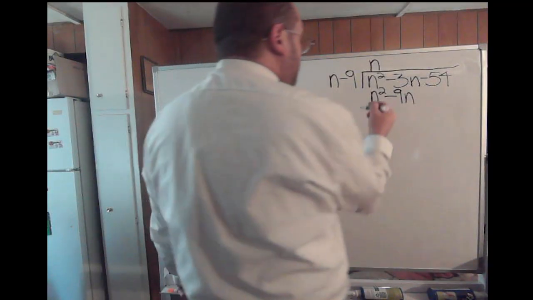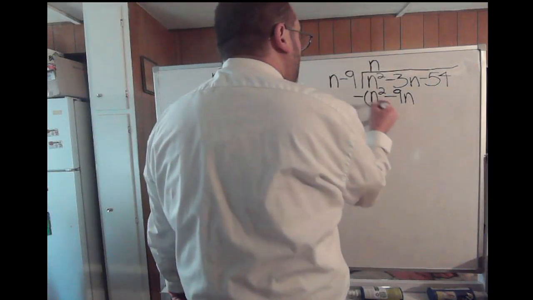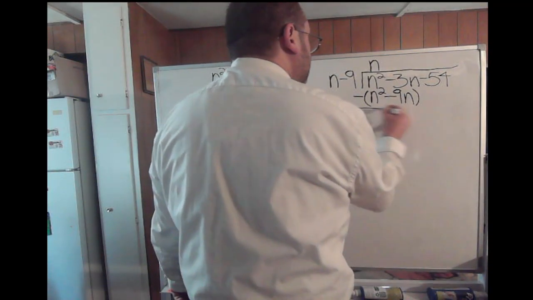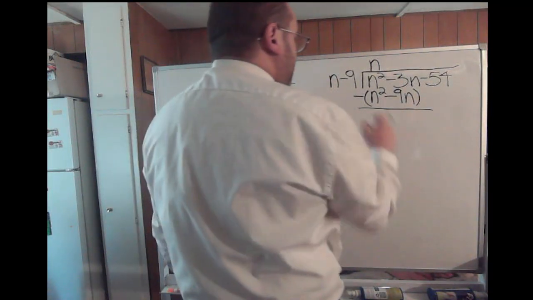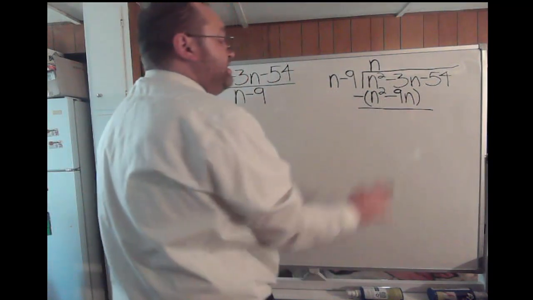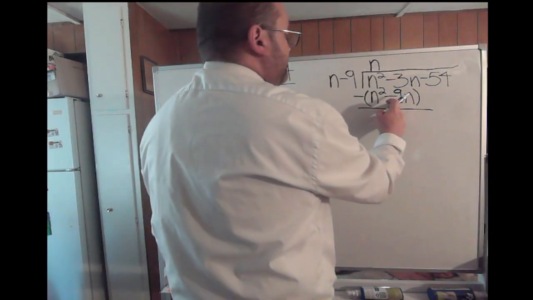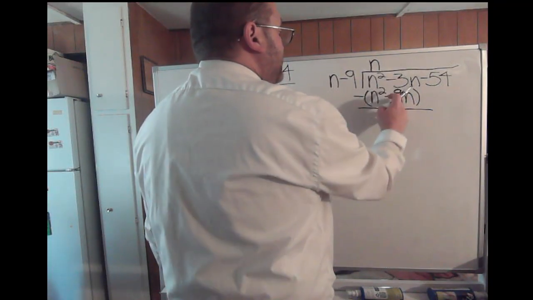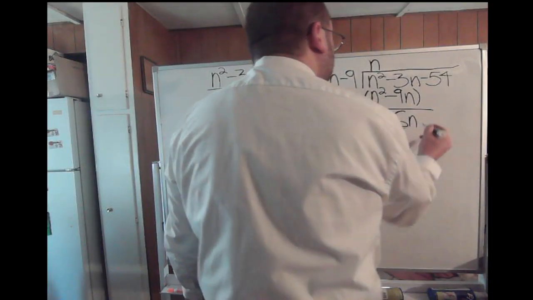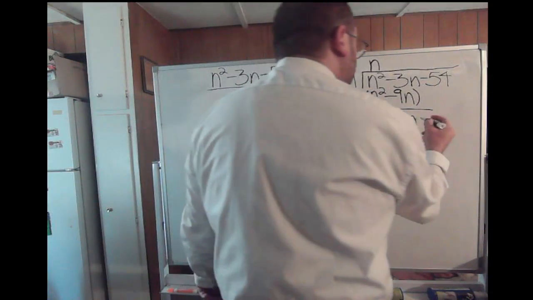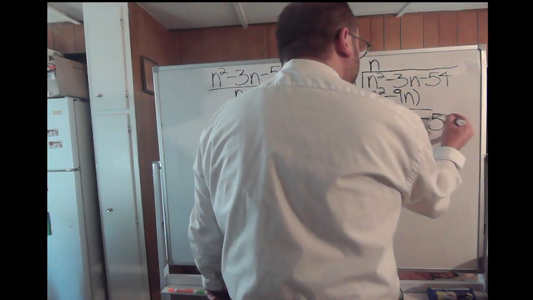Alright, so now you're going to subtract what you just got from what's in the dividend. N squared minus n squared, that's 0. Now minus minus 9, that's actually plus 9n. So you have negative 3n plus 9n, that's going to be positive 6n. So once you have that, you just bring down your negative 54 from the dividend.